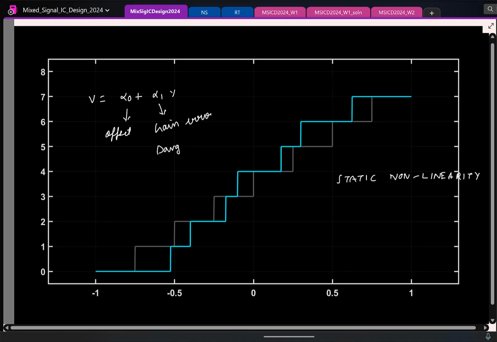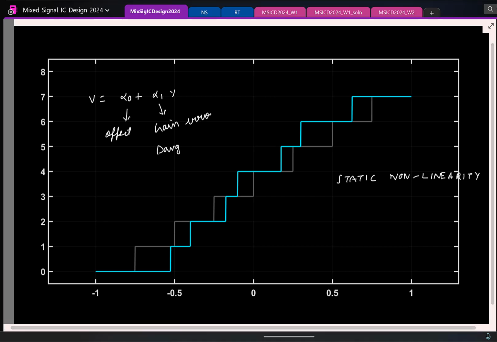Okay. So that kind of winds up the discussion on system level aspects of ADC. At this point, if you take an ADC datasheet, you should be able to figure out what each spec is and know what it means. And if you have an ADC, you will be able to measure and characterize its metrics. From now on, we'll start looking at circuit level aspects, the circuit design things.